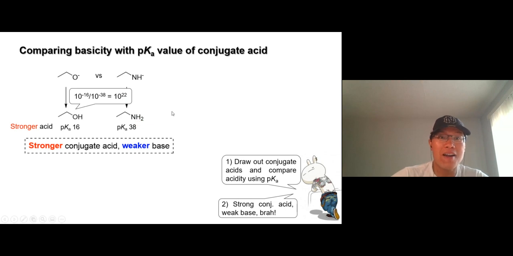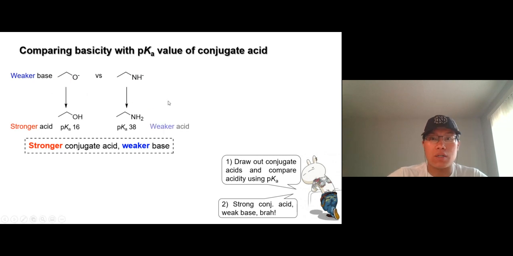That's a lot stronger, right? So a stronger acid has a weaker conjugate base, and a weaker acid has a stronger conjugate base. So amide is a stronger base than ethoxide.